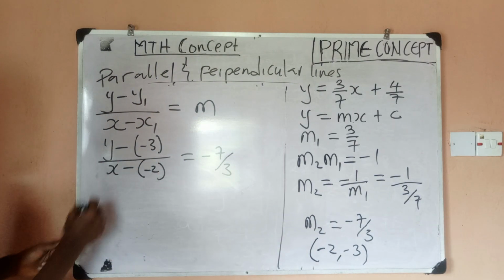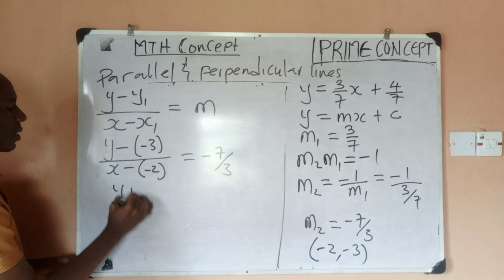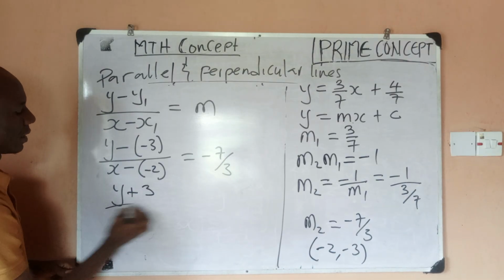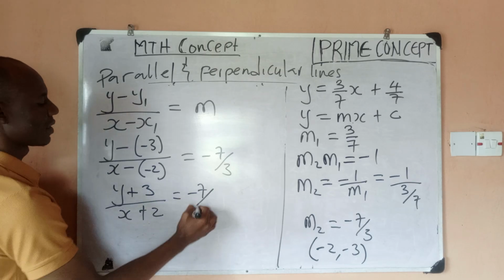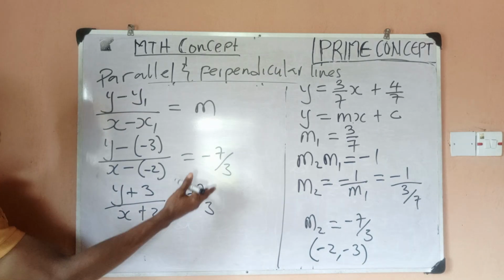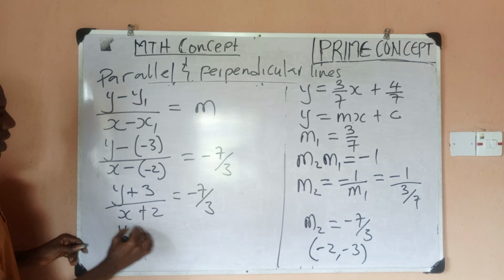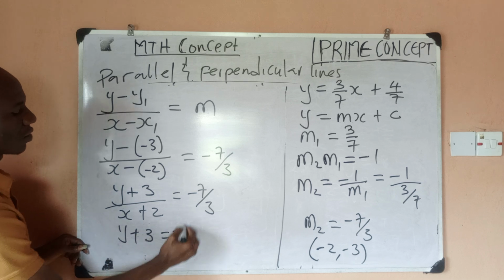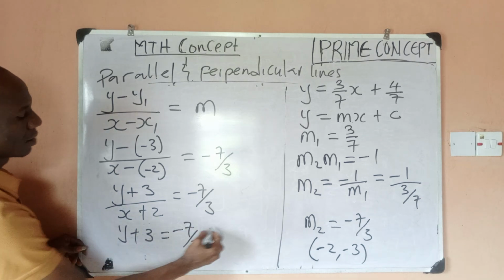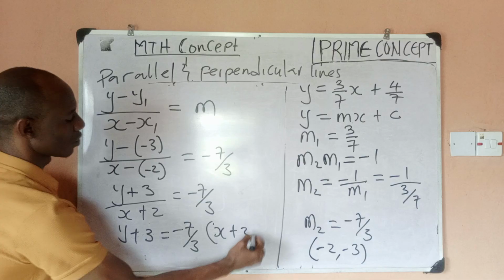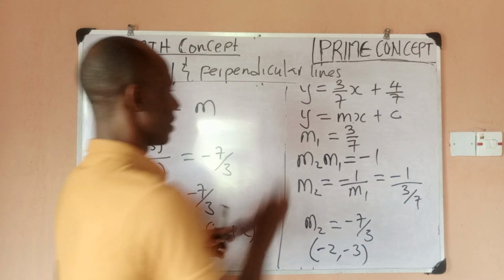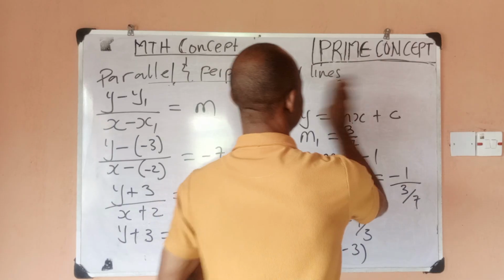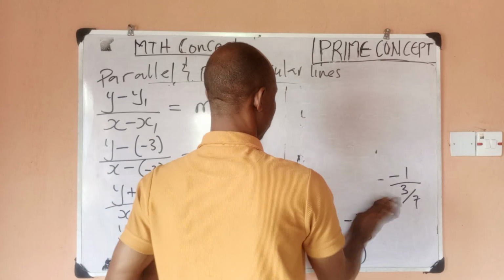So if I solve, I will have y plus 3 all divided by x plus 2 equals -7 by 3. So if you cross multiply, you would have y plus 3 equals -7 by 3 multiplying x plus 2. Yes. So that, let me rub here because of space, or the want of space.